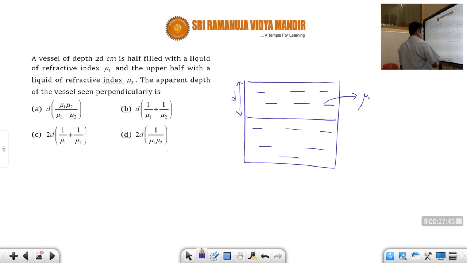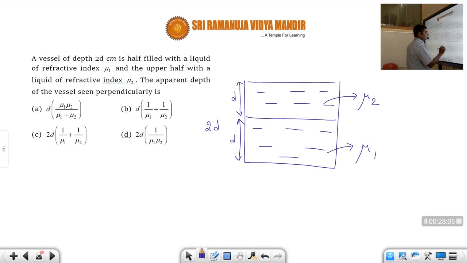What is the apparent depth of the vessel seen perpendicularly? It's a very simple, straightforward question which I already told you. So what is the apparent depth formula, students? Whenever two liquids are together, the apparent depth is the sum of the apparent depths due to the individual liquids.